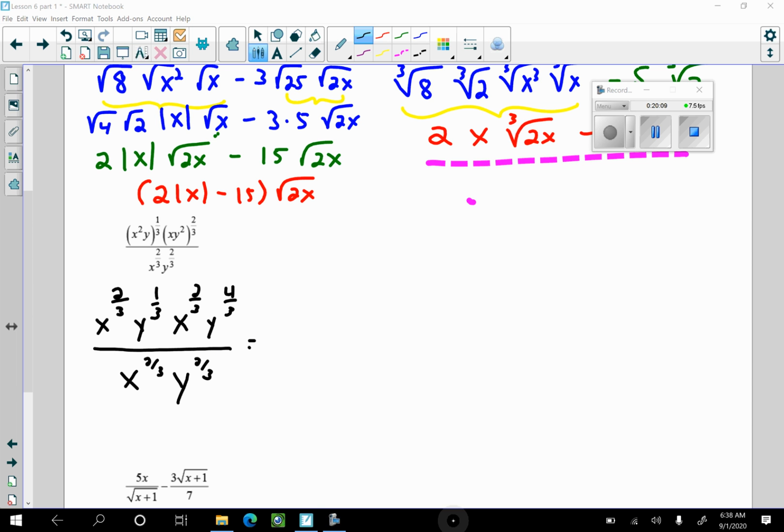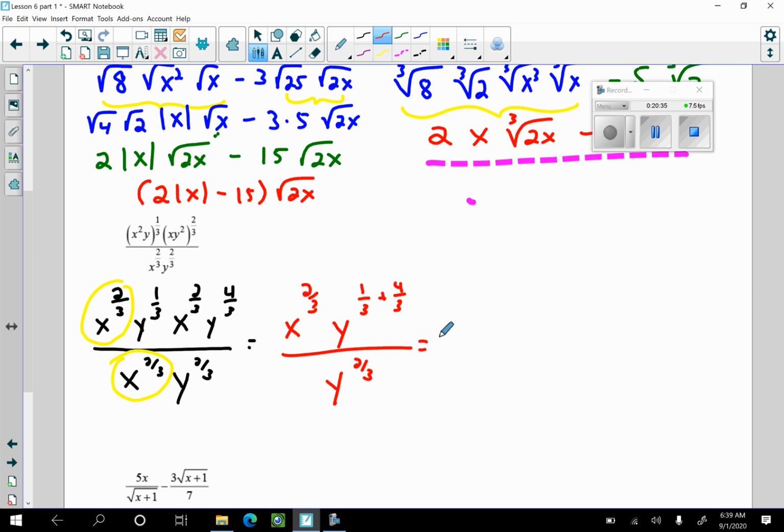Now, if you observe carefully, these are the same thing, so that's going to zero out. So the only x that I have left is this x to the 2/3. And if I multiply y to the 1/3 plus 4/3 over y to the 2/3, I still have the x to the 2/3.